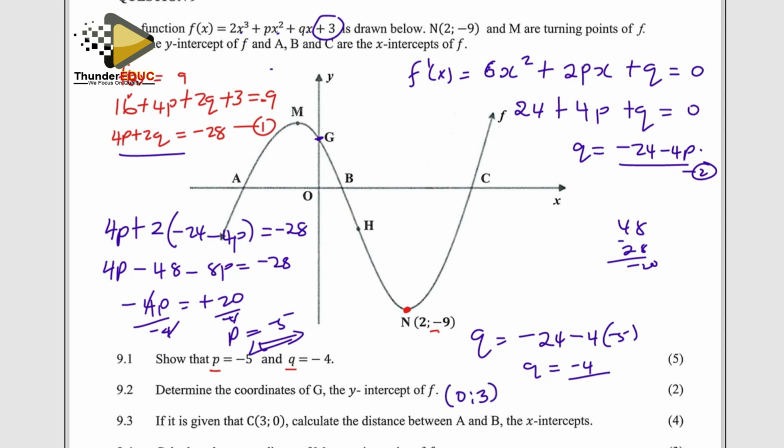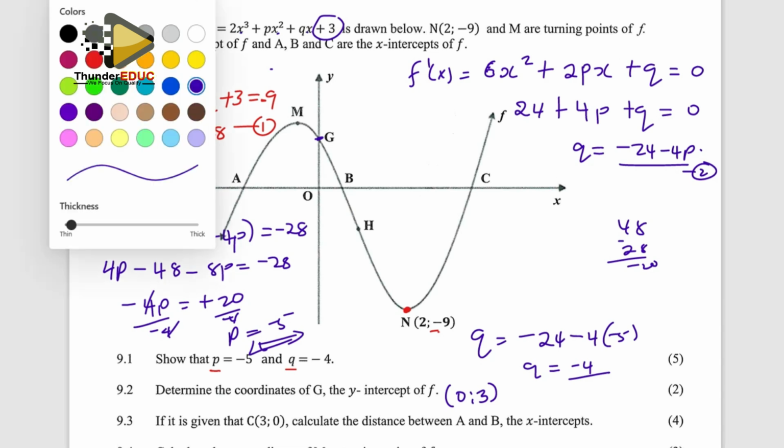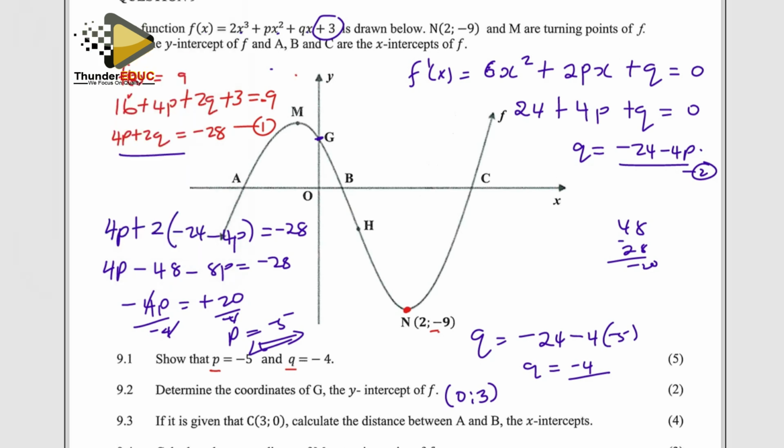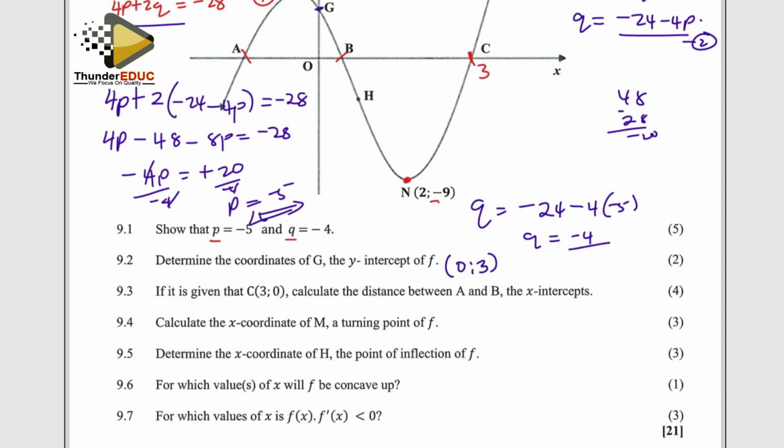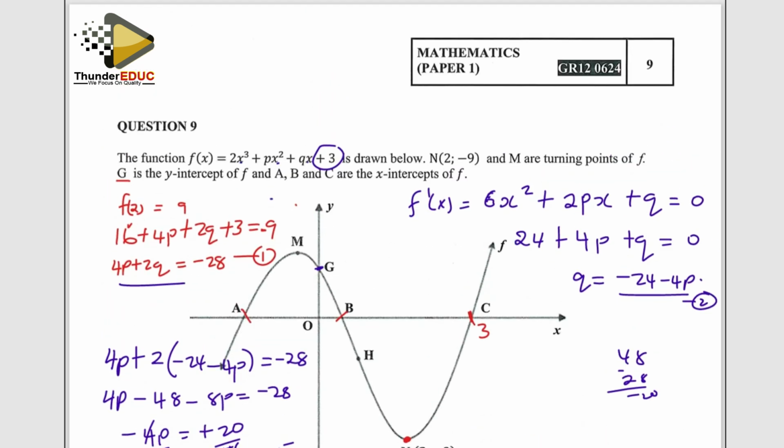and 3. And then it's given that C has coordinates of 3, in other words, this is 3. Can we calculate the distance between A and B? They indirectly want us to determine the intercepts. So what I'm going to do, I'm just going to substitute the p's and the q's.